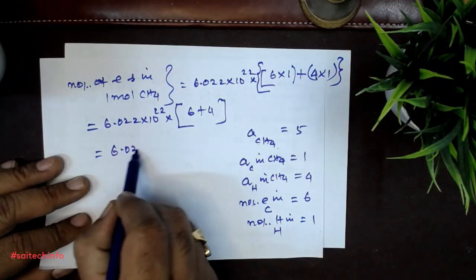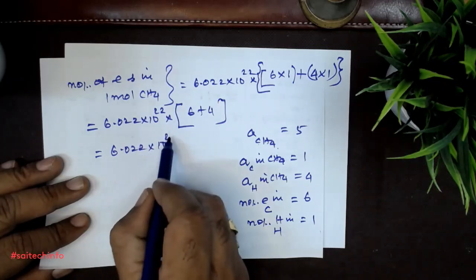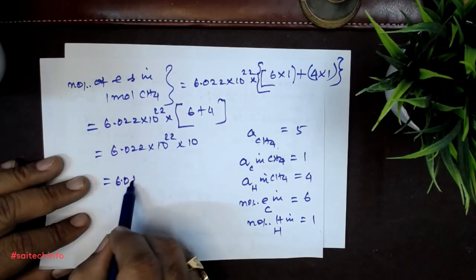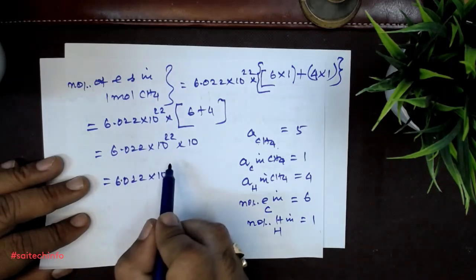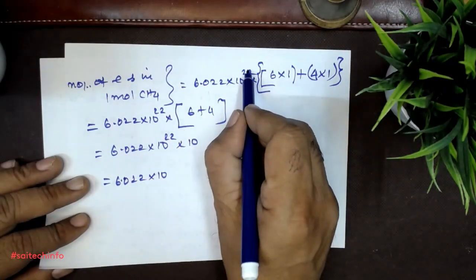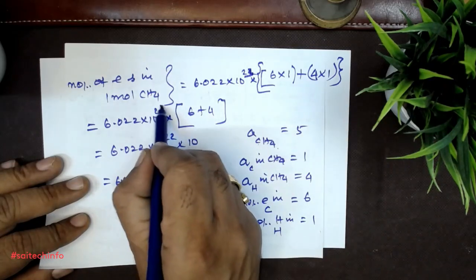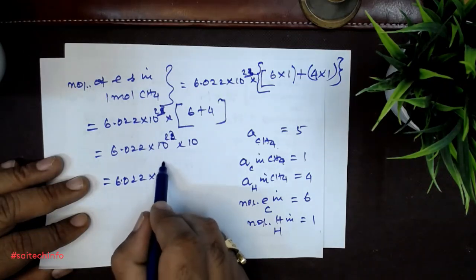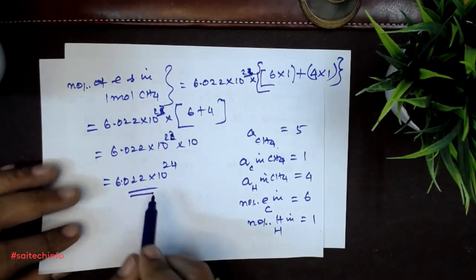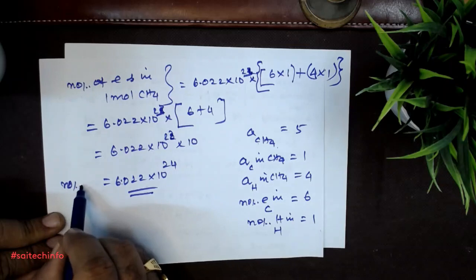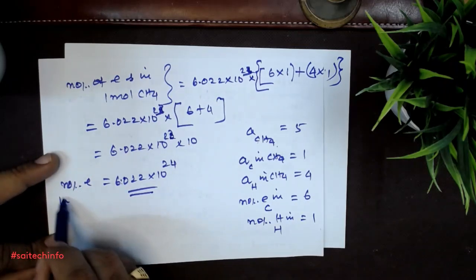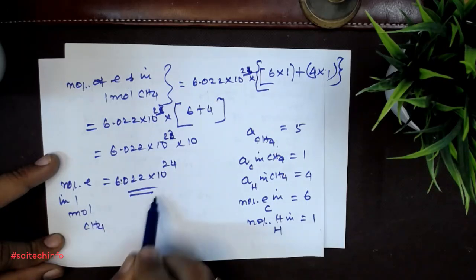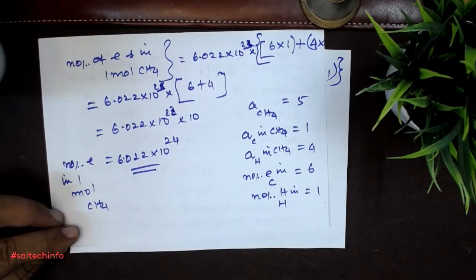So 6.022 into 10 power 23 into 10, that is 6.022 into 10 power 24. So this is the number of electrons present in 1 mole of CH4. Do you understand? Okay.